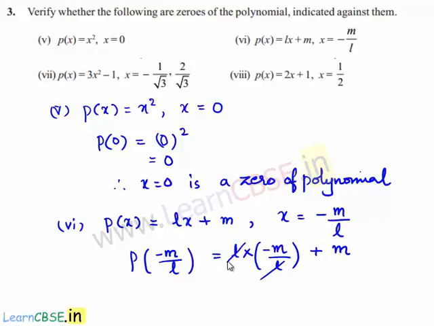L and L gets cancelled. Then this becomes minus m plus m, which is 0. That is, P of minus m by L is equal to 0. Therefore, we can say that x is equal to minus m by L is 0 of the given polynomial.